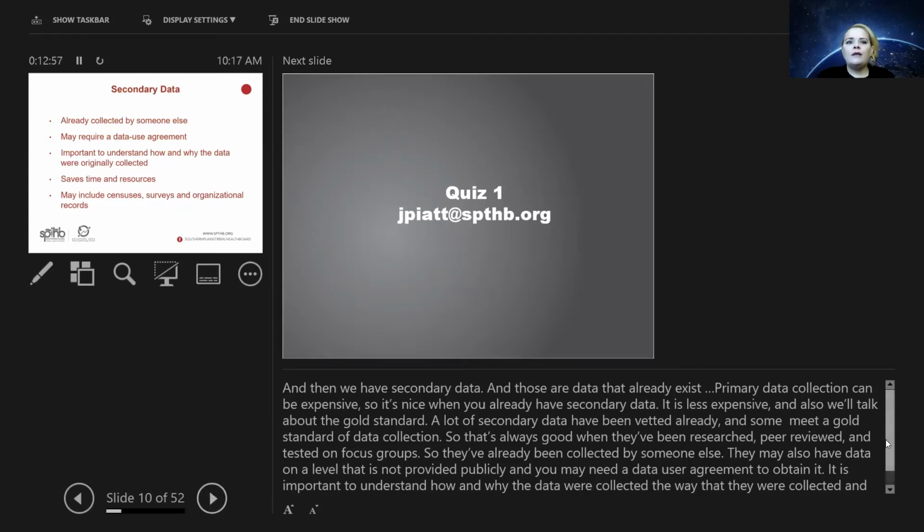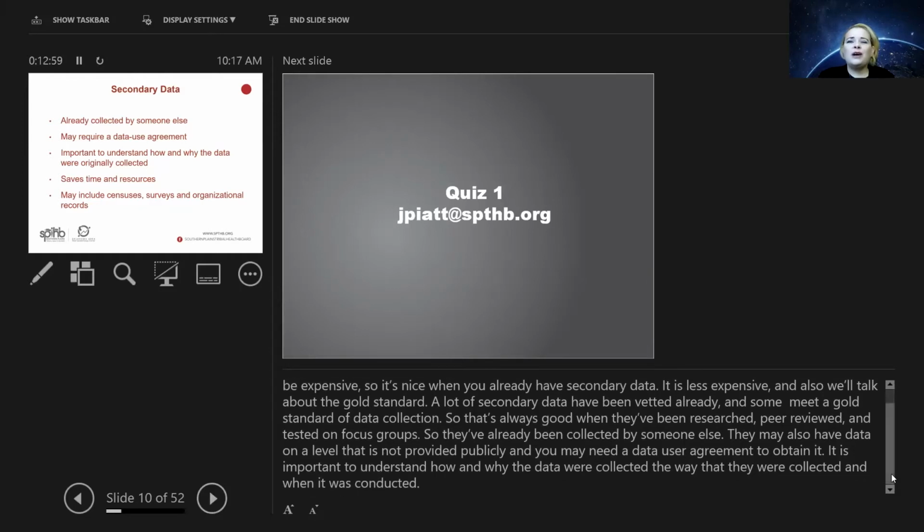They may also have data on a level that's not provided publicly, so you may need to get a data user agreement to obtain it. I know a lot of national data sets, and sometimes it's really hard to find the data you need from a national data set, and there are kind of backdoor ways to query that. But sometimes they have the data that you may need, they just don't publish it.